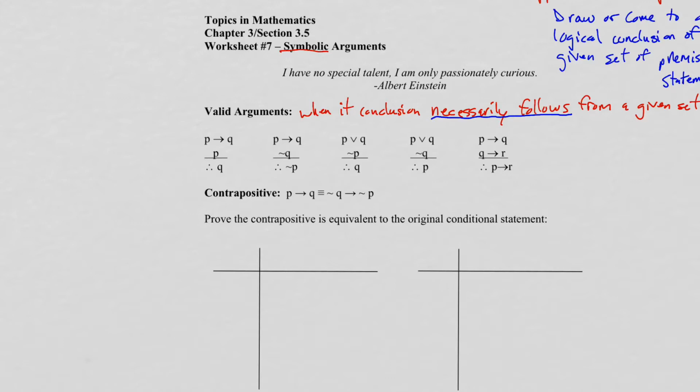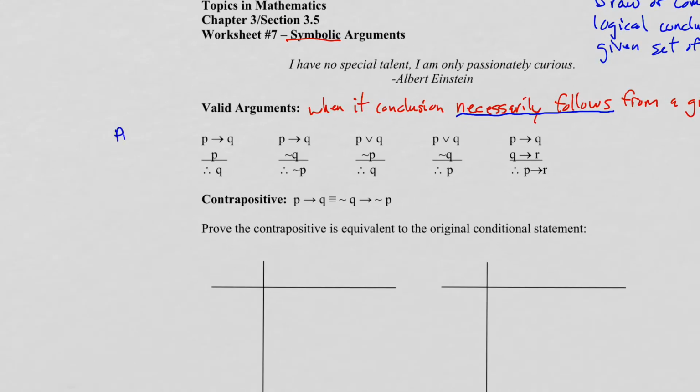What you're looking at right now has premise 1 at the top, then premise 2 on the bottom, and then your conclusion down here. And those 3 dots, I introduced those last time, mean therefore in symbols.